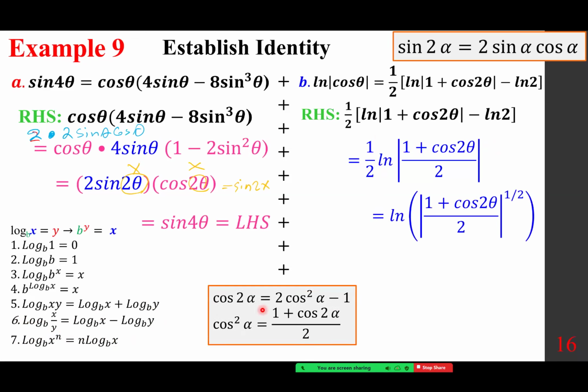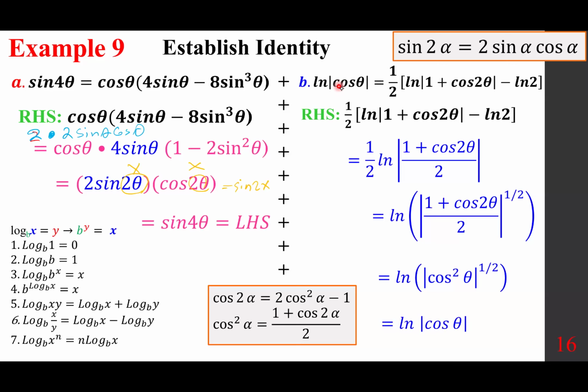As you recall, according to this is cosine squared alpha. This must be cosine squared theta. Cosine squared theta to the power of 1/2, they cancel each other. It's simply cosine of theta in absolute value sense, which is equal to the left-hand side. Pretty straightforward, everybody.